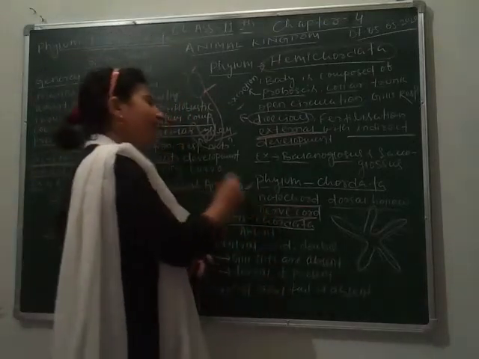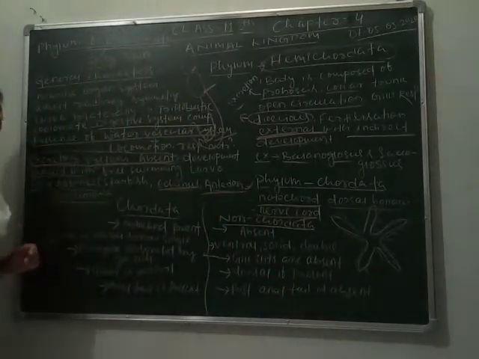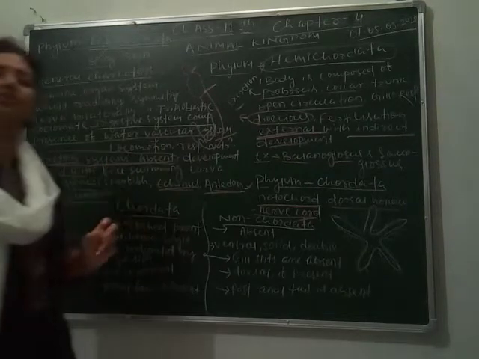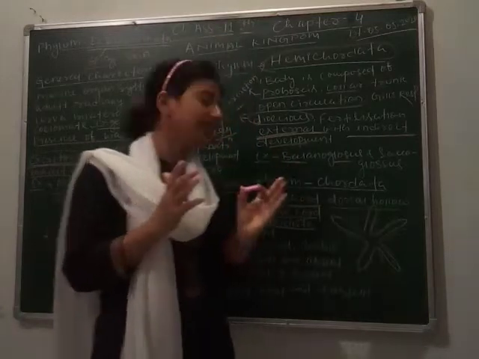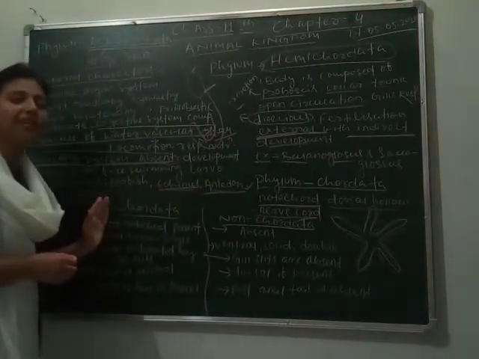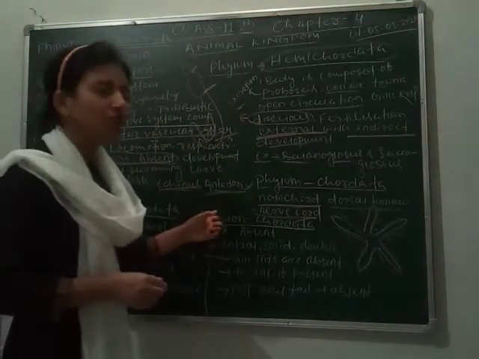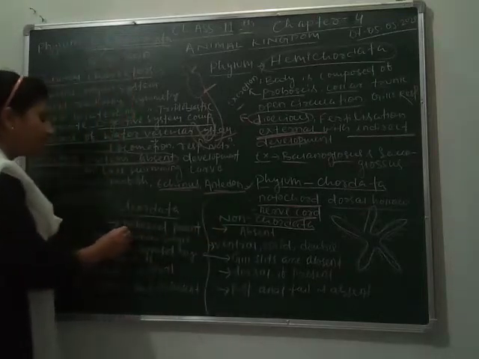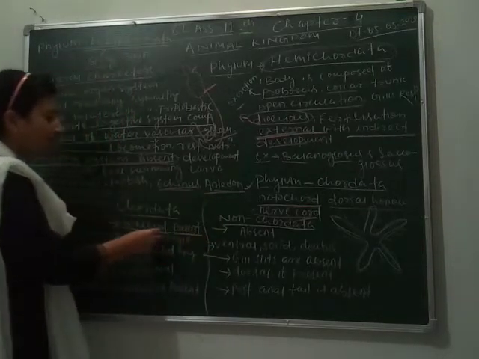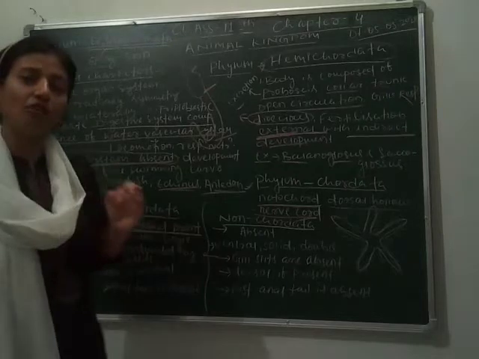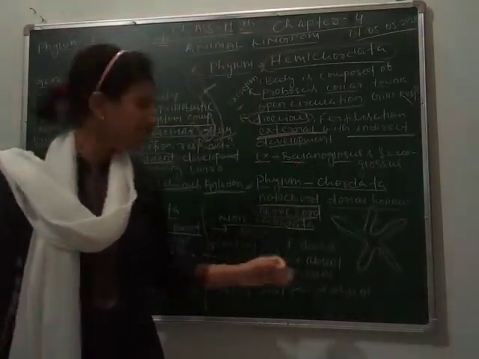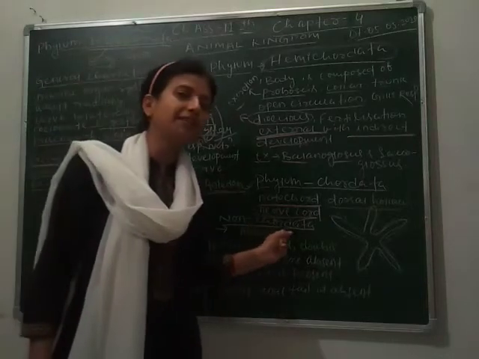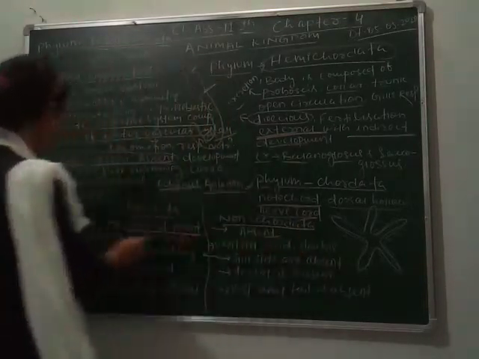So let's see some characters of phylum Chordata and how it is different from the species of non-Chordata. Here we will see the difference between Chordata and non-Chordata. The first character is that the presence of a notochord is the characteristic feature of all chordates. Notochord is present in chordates and absent in non-chordates.